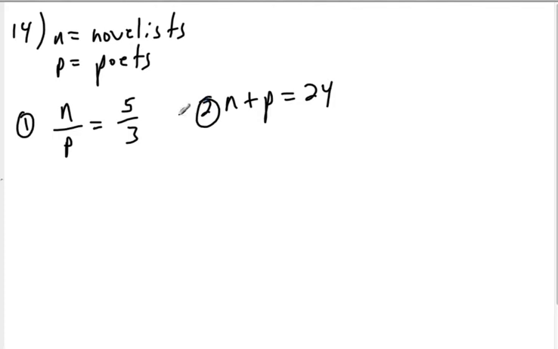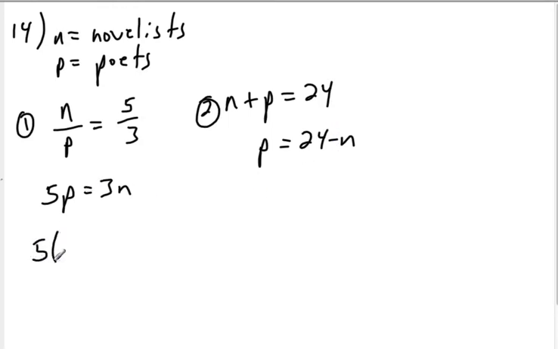The first thing I'm going to do probably is get rid of these fractions because fractions can be annoying. So I'm going to do cross products. So 5p is going to equal 3n. And now I'm going to solve for p over here. So I'm going to subtract n. So now I'm going to plug that in over here.